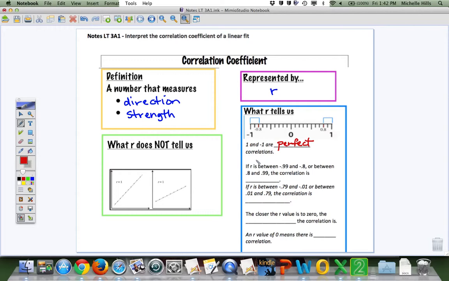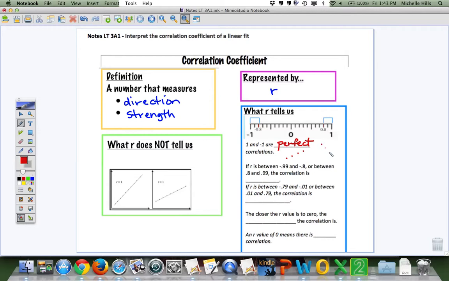Perfect means this. When I graph these two variables against each other, like height versus shoe size, the points that I graph are perfectly linear. I could draw a line and hit all of those points. This would be a perfect positive correlation, so a correlation coefficient or R value of +1.